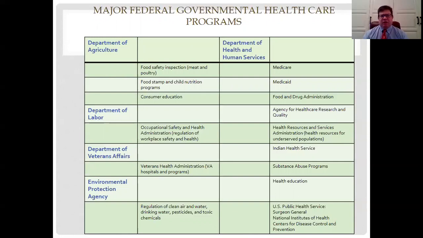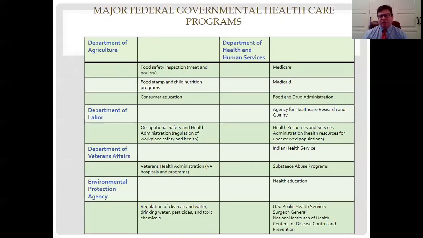The Department of Labor, OSHA, the Occupational Safety and Health Administration, is in charge of workplace regulations to ensure the safety of workers and various certain regulations that have to be enforced to ensure that people are not hurt on the job. The Department of Veteran Affairs, also very important because it administers veterans health programs through the Veterans Administration.